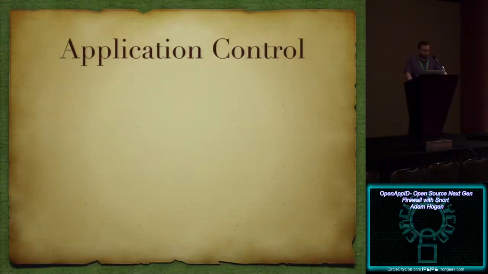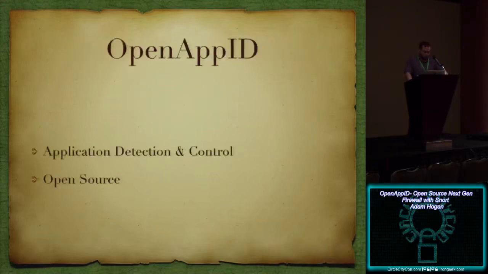So, application control. OpenAppID is there to detect and control applications, as I said. I think it's a big deal that this is completely open source, because this was something we've been working on for a while and something that hadn't been put back into the open source community. This happened after SourceFire was acquired by Cisco, which I think is important because as soon as SourceFire was acquired, there were a lot of end-of-the-world proclamations that Snort wasn't going to be open source anymore and Cisco was going to ruin it, and all that stuff.